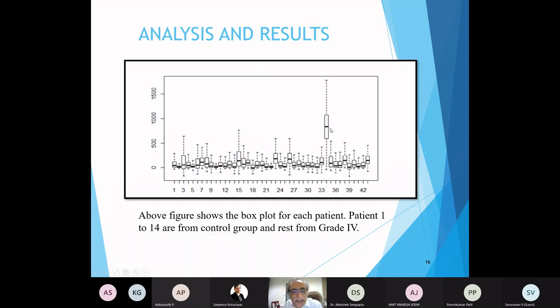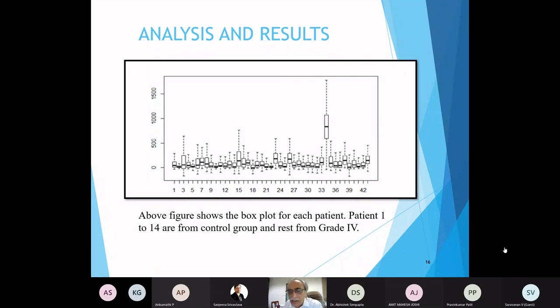Then the 50th percentile. Again, if I drop a perpendicular from here to here, 50% of the protein values for patient number 34 lie below this value. This is the 75th percentile, so 75% of the observations fall below this value, and this is the largest observation.